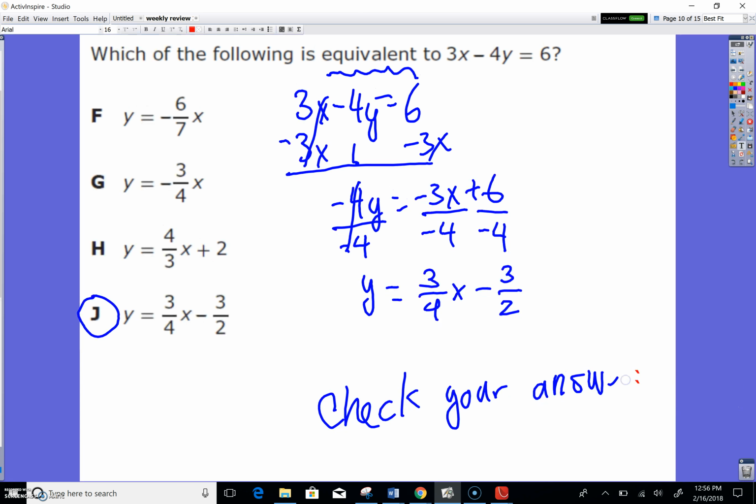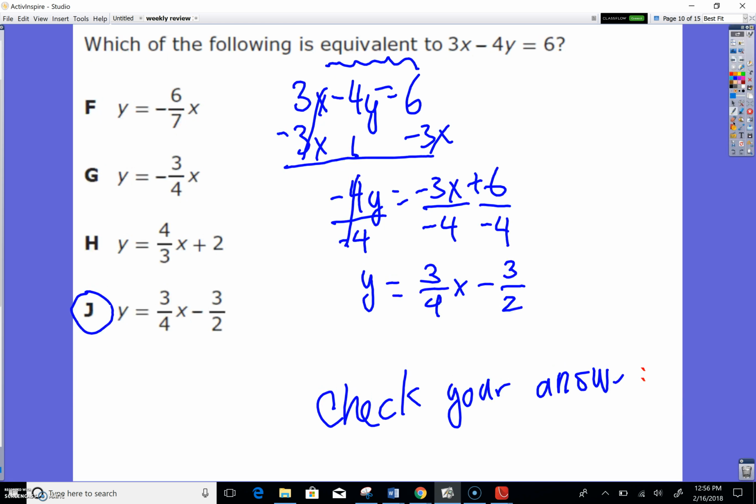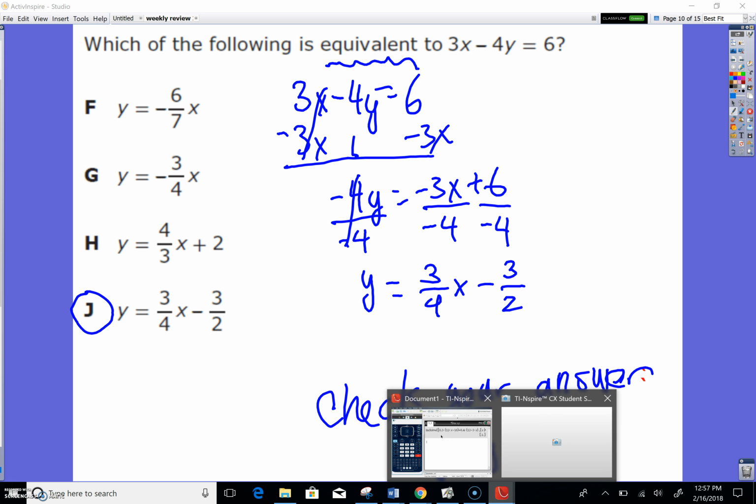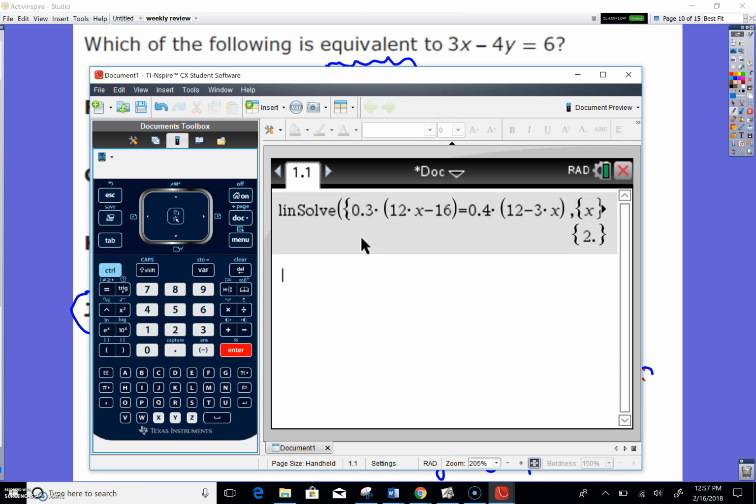Let me show you how to do it. So I'm going to go to my graph.